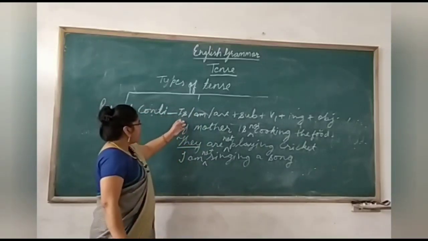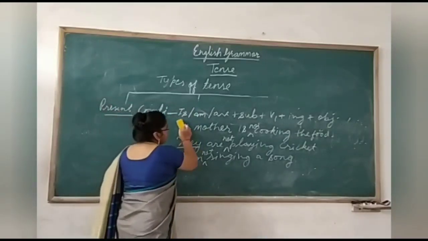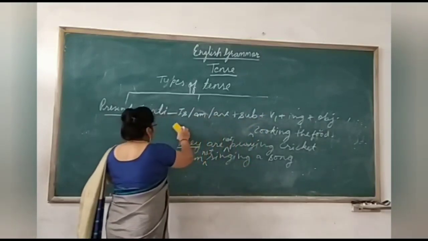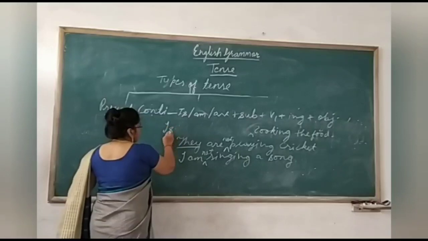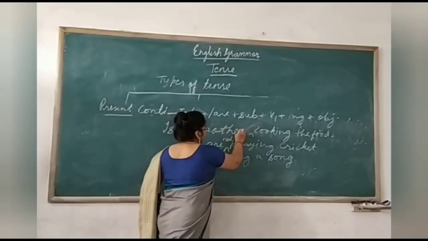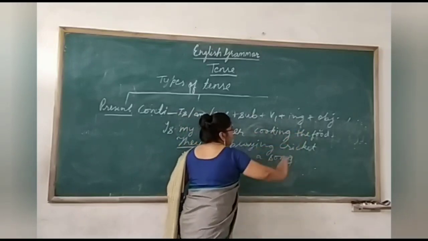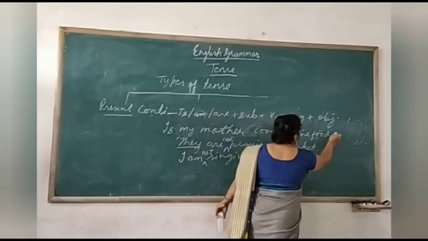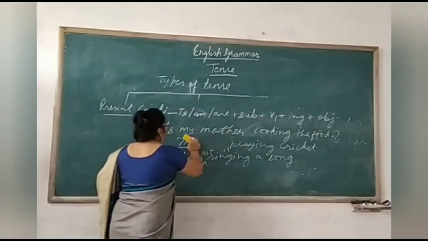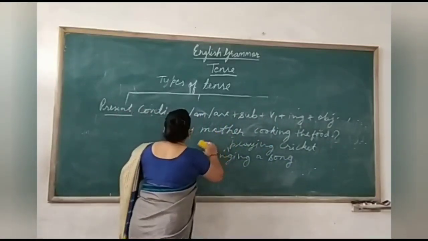So what happened here? What you will do in this statement? According to the structure, you will write, is my mother cooking the food? You will put the question mark in the end. Same way, here also, take the helping verb in the beginning.